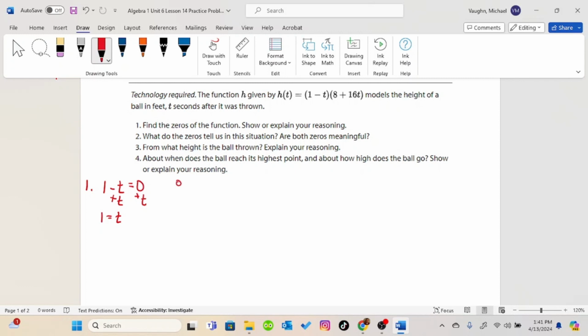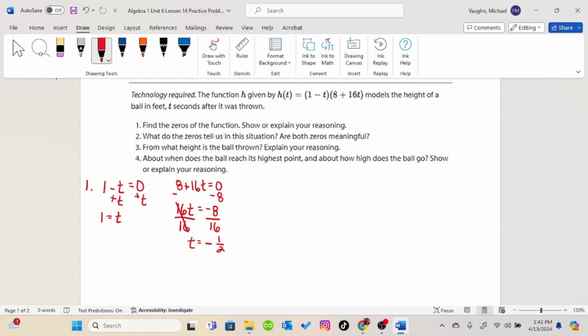Then we set 8 plus 16t equal to 0. We subtract 8 from both sides. 16t equals negative 8. Then divide both sides by 16, and t equals negative 1/2.